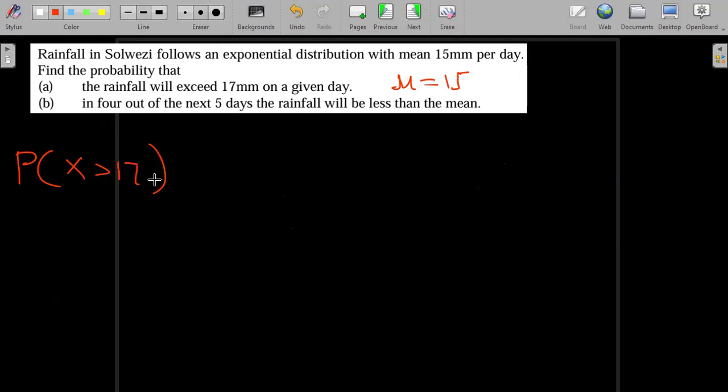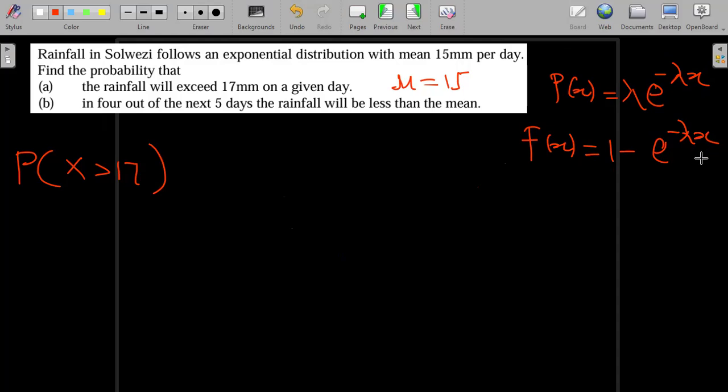How can we find this probability? Remember we said the PDF is lambda e to the power minus lambda x, and then the CDF is 1 minus e to the power minus lambda x. Here the mean is 15, so the parameter is just 1 over what?